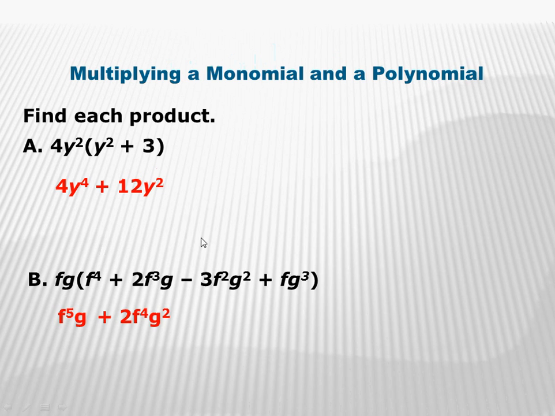Multiply fg times negative 3f squared g squared, and I get negative 3f to the third g to the third. Then I'm going to distribute the fg to the fg to the third, and I get a positive f squared g to the fourth.